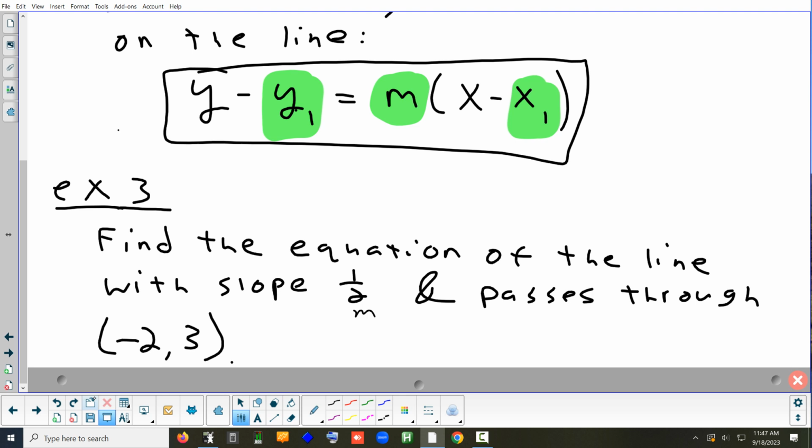Landon, what about the -2? What letter? Where's that go? X1. Yep, that's my X1. And how about Ella? What's the 3? That's my Y1. Okay, so now plug those three numbers in and see what you get.